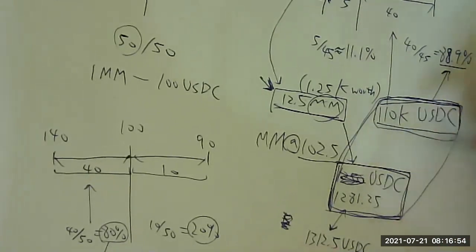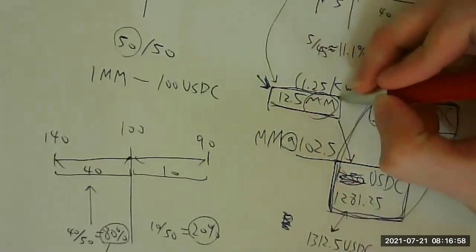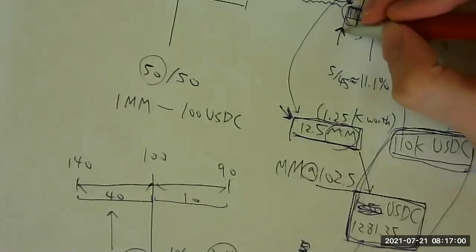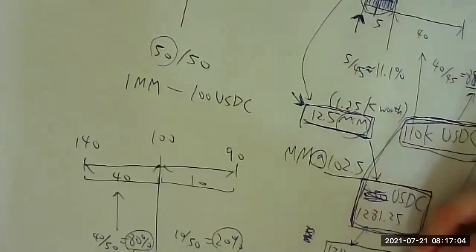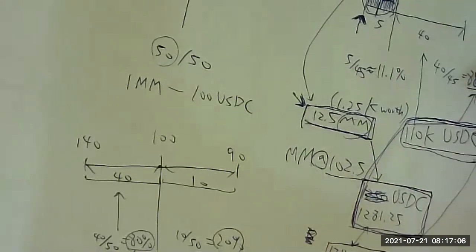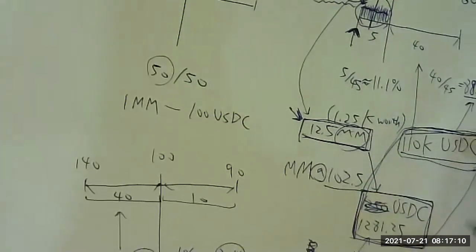But if you just have the 10K and you sell at this point, then you will earn slightly more USDC compared to if you set up the liquidity, of course.